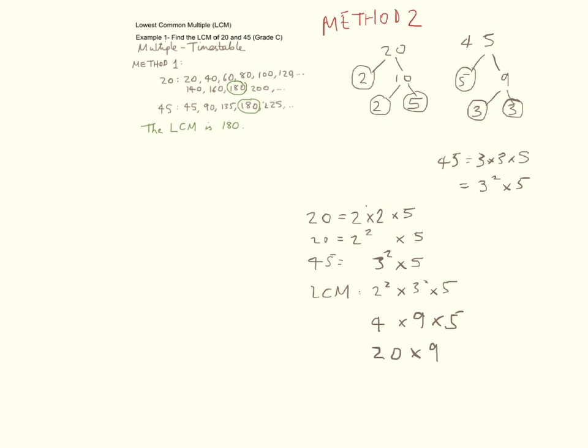So if you like, 2 times 9 gives me 18, and then add the other 0, or times it by 10, so 180. So again, my LCM is 180. Just like my first method, the answer is the same. It's 180. You can use either method. Use the method that you feel the most comfortable with.